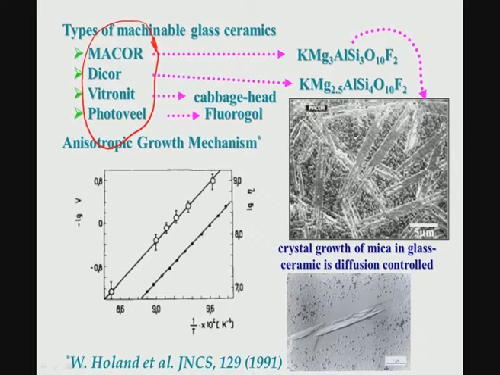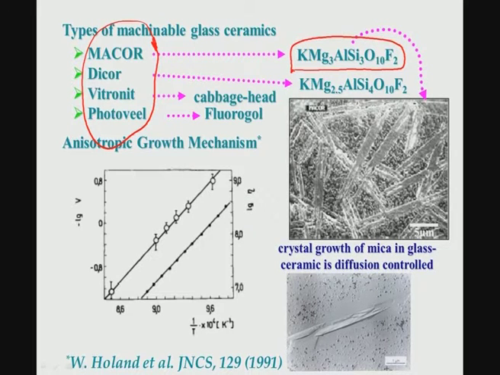Now, all these glass ceramics can be distinguished from one another by two things. One is the composition of the crystals or ceramic phase that is forming, and the second is the morphology of the ceramic crystals present in the glass matrix. Why am I stressing the morphology of the ceramic crystals so much?